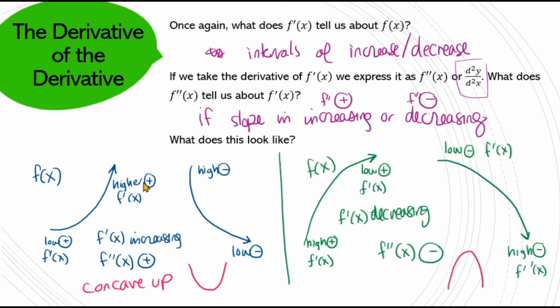If your graph is concave down, or frowny, so think of smiles and frowns, the second derivative is negative. What happens when you're changing between the two? We call that a point of inflection, and that's where f double prime of x is equal to 0.